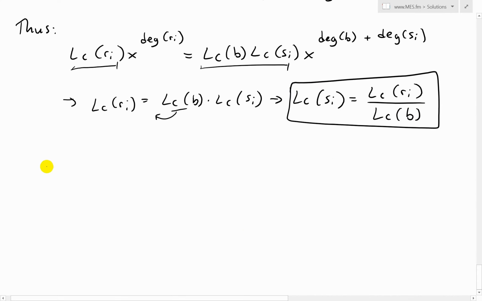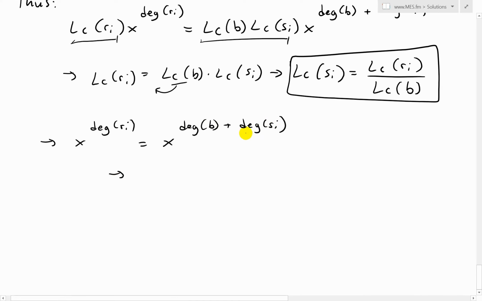So x to the degree of RI equals x to the degree of B plus the degree of SI, like that. So then the degree of RI equals the degree of B plus the degree of SI, like that.